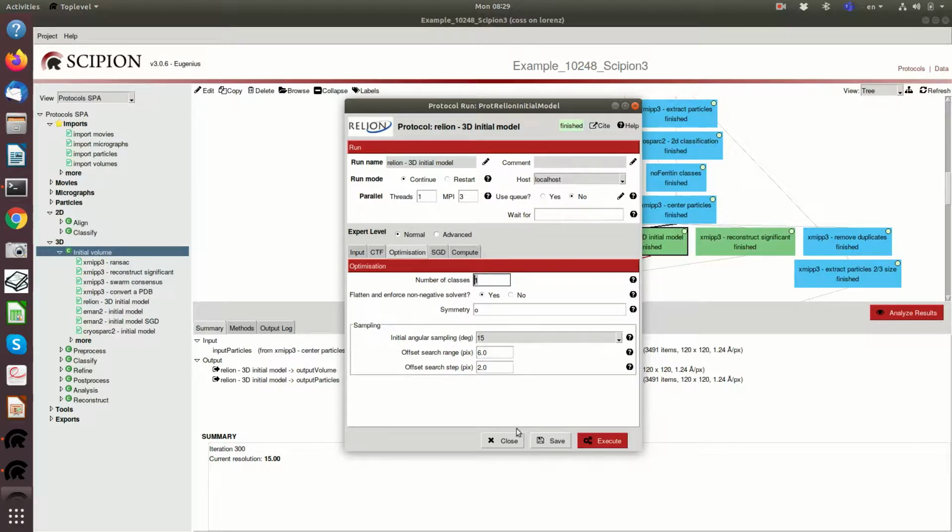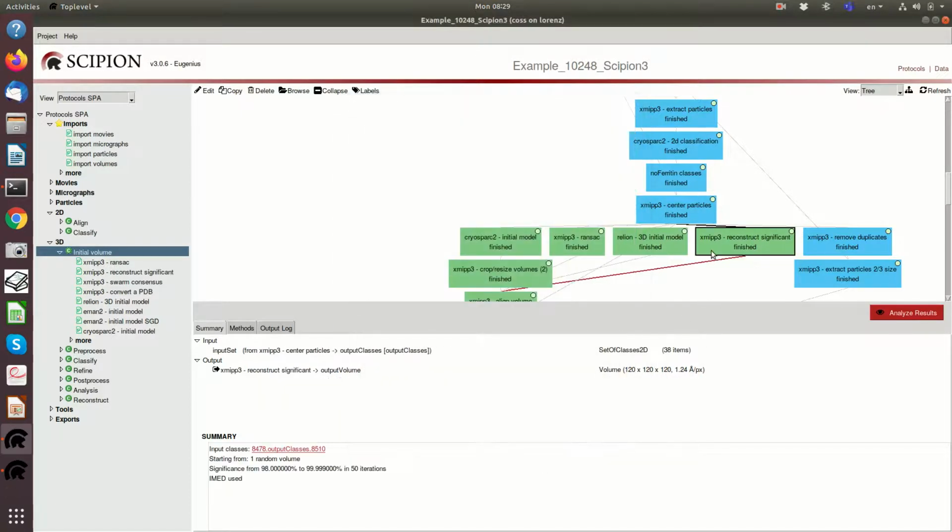And here is the symmetry for Relion. Those are the most important parameters: which are the images, how many classes you want to reconstruct, and what is the symmetry of that particle. And reconstruct significant is working on the set of classes again.